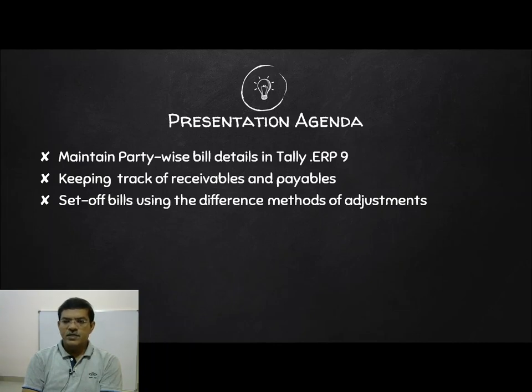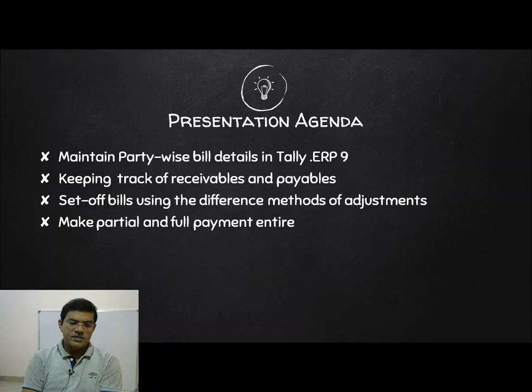Like I said, new reference, against reference, on account, like we generate in advance. Sometimes we receive that also. We will adjust using the 4 methods of adjustment to set off the bill, and make partial payment and full payment entries.